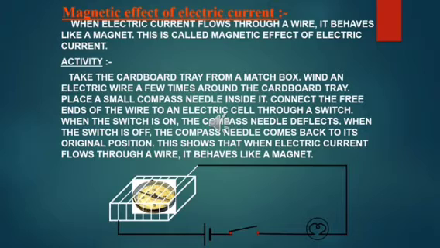Have you understood? So this shows that when electric current flows through a wire, it will behave like a magnet. Are you understanding, children? So this is the magnetic effect of electric current. And in the next slide, I'll give you another example, which you can also try at home.